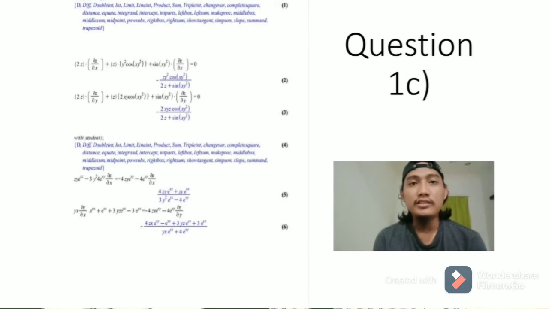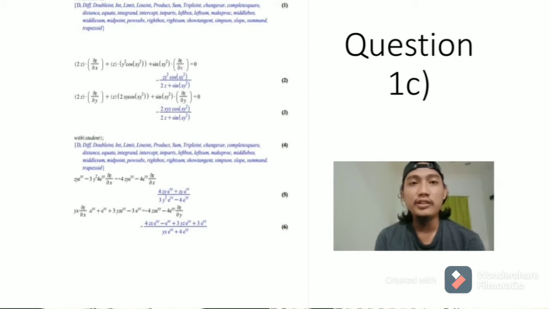For question 1c, we need to find dz per dx and dz per dy. For the first equation, firstly, we differentiate with respect to x, use the product rule, and then we get dz per dx.